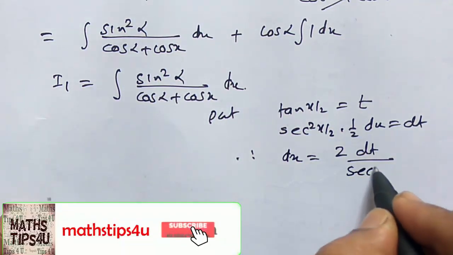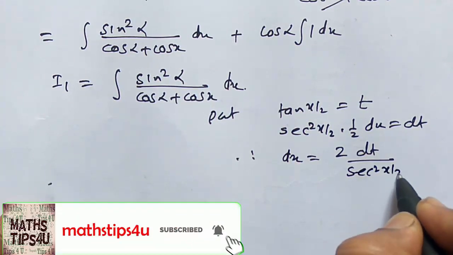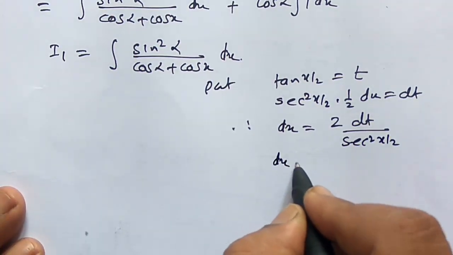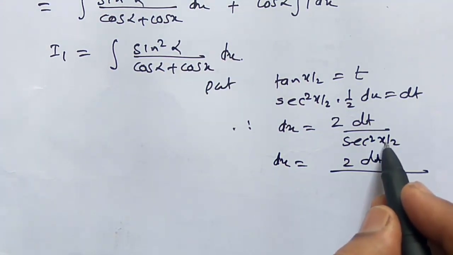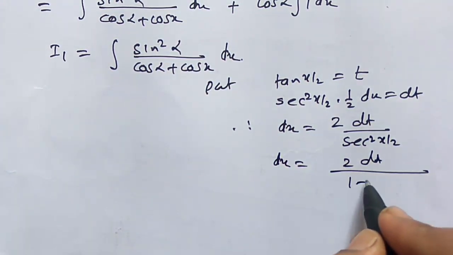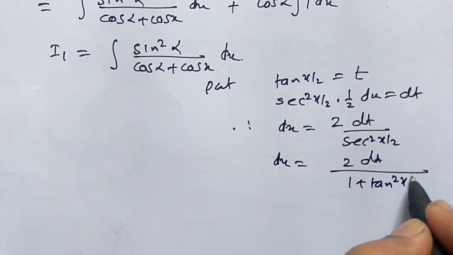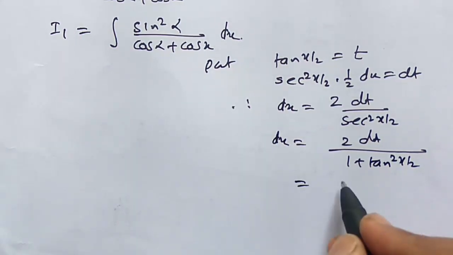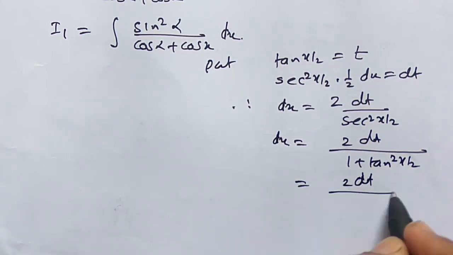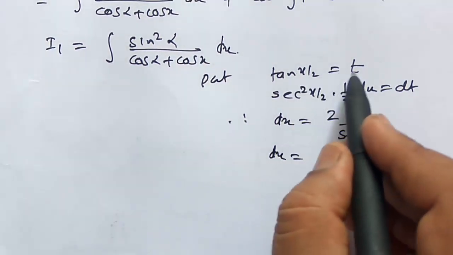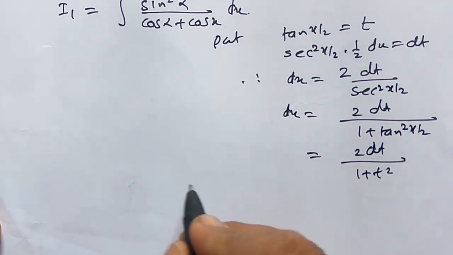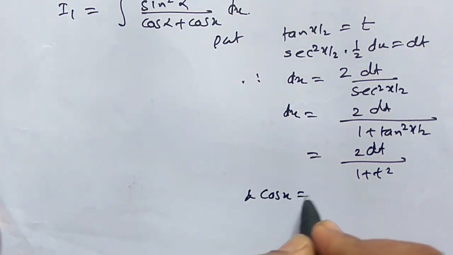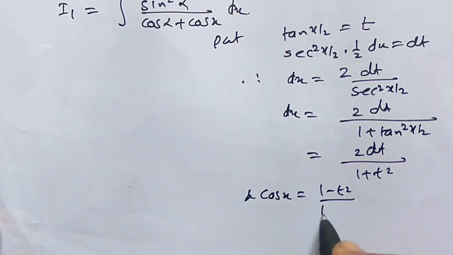So dx is equal to 2 dt upon sec square x by 2, which is 1 plus tan square x by 2. So this is equal to 2 dt upon 1 plus t square, since tan x by 2 is t, and cos x is equal to 1 minus t square upon 1 plus t square.